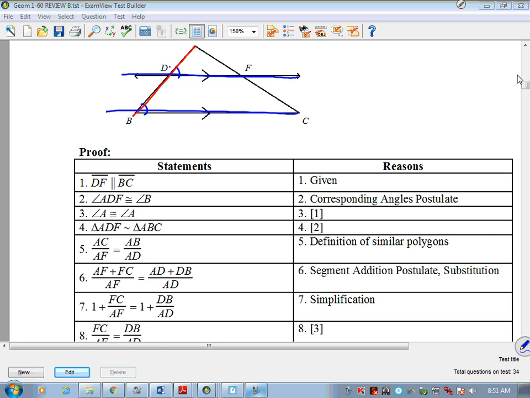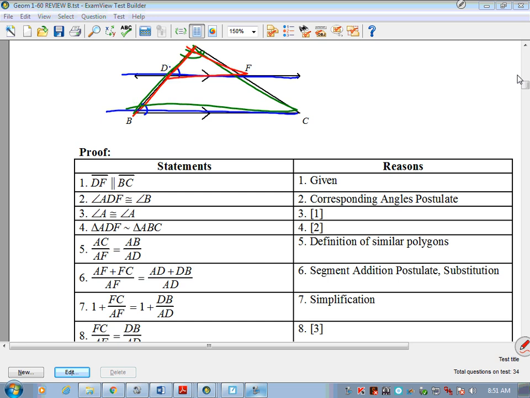So those angles are corresponding. Angle A congruent to angle A. Okay, so let's look at that there and there. So we've got our large triangle here that shares angle A with our smaller triangle here.